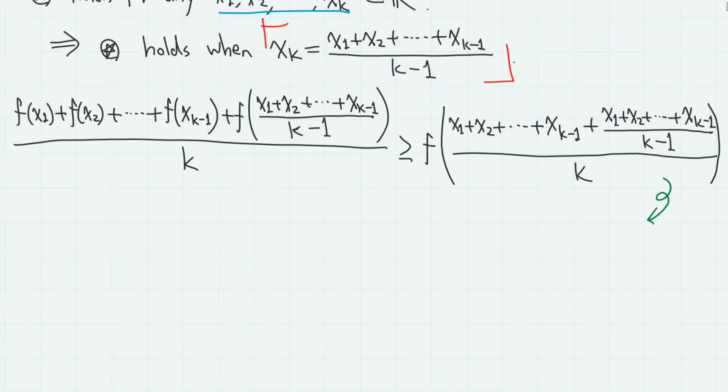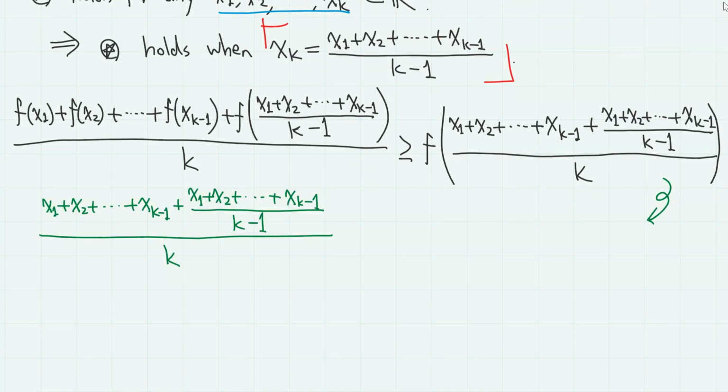And let us simplify this part. If you simplify this, you will simply obtain (x1 + x2 + so on + x_{k-1})/(k-1).